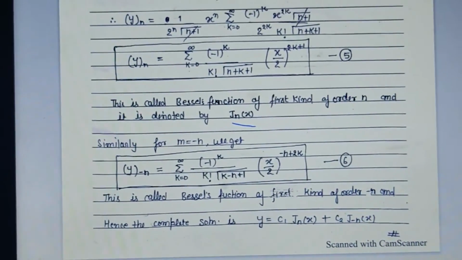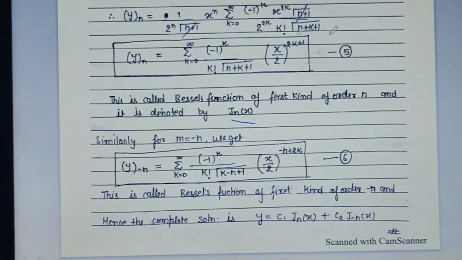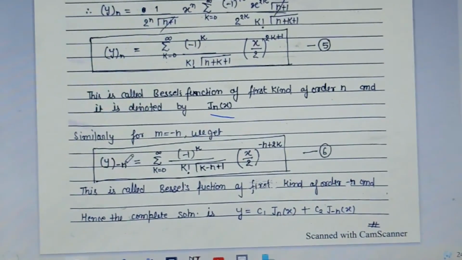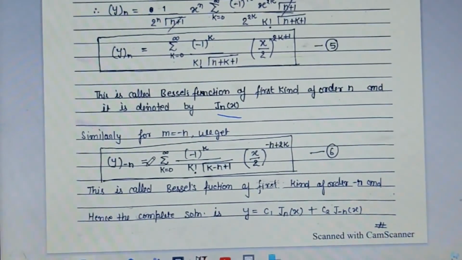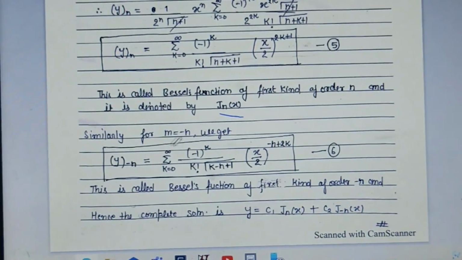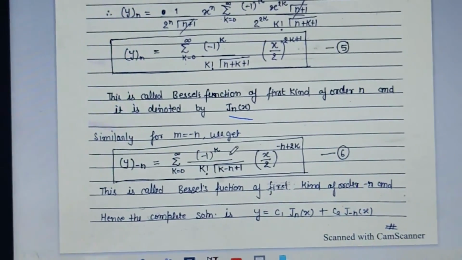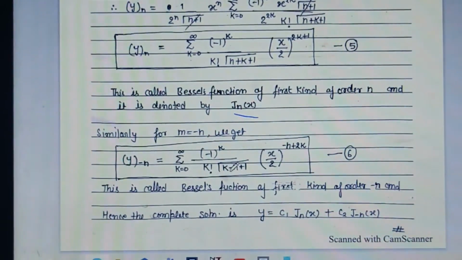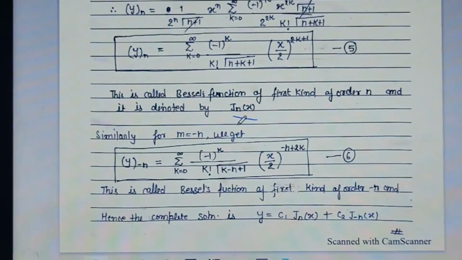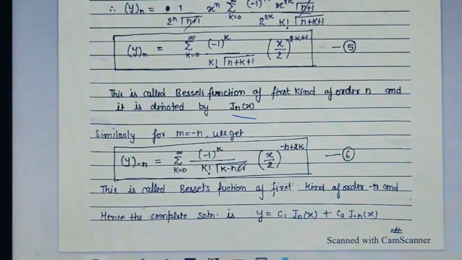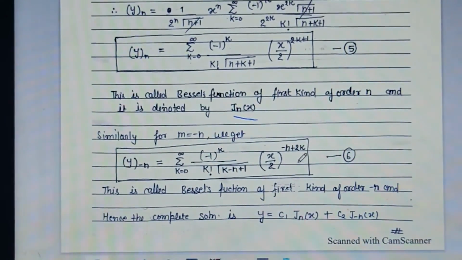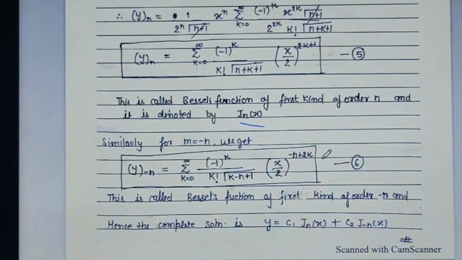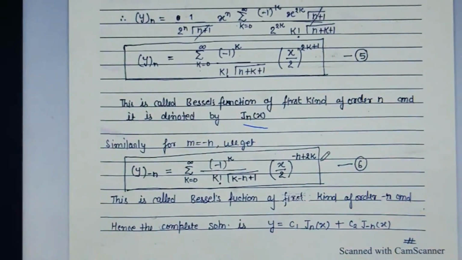Similarly, for m equal to minus n, we will further evaluate. This was the proof, so that's why I've just generally shown it to you. Over here, y_-n is equal to the summation of k = 0 to infinity of (-1)^k divided by k! gamma of k minus n plus 1 times (x/2)^(2k-n).